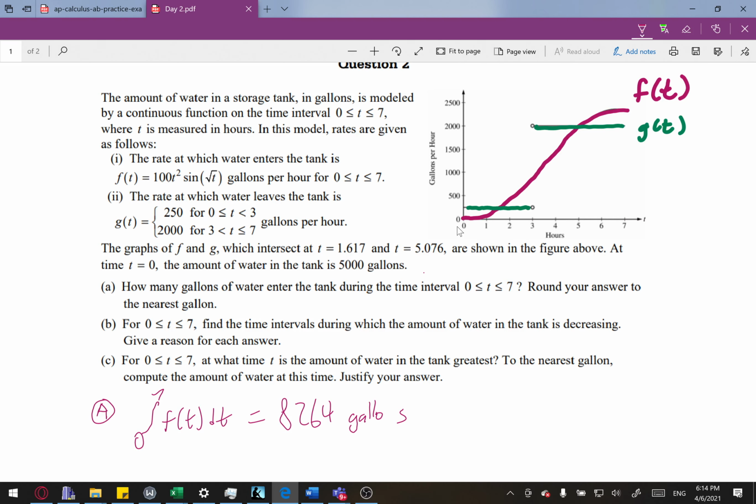For part B, I want to find the time intervals during which the amount of water in the tank is decreasing, and then give a reason for our answer. What do I have to do?